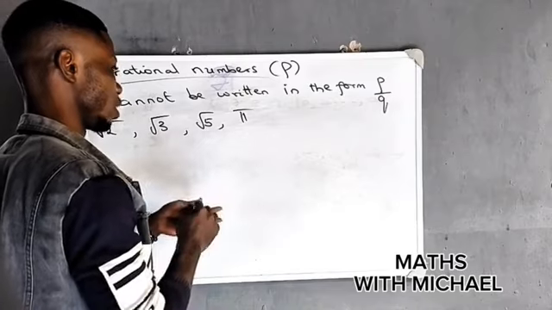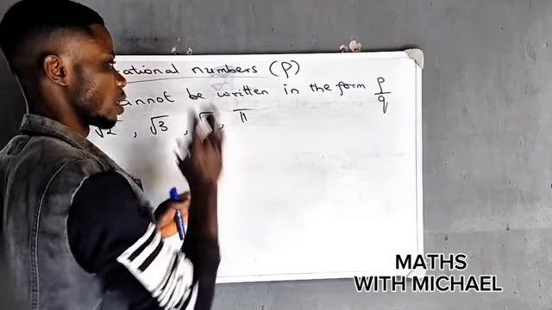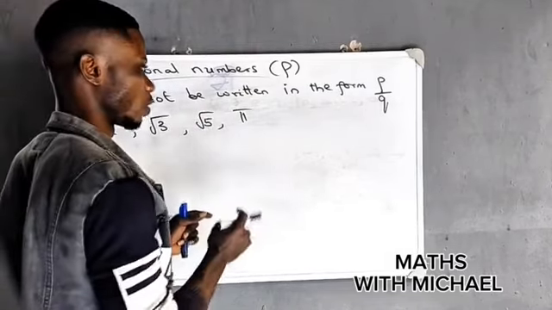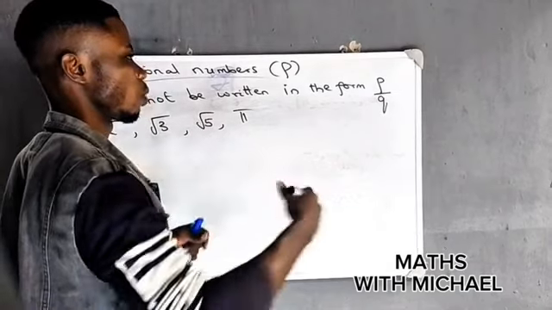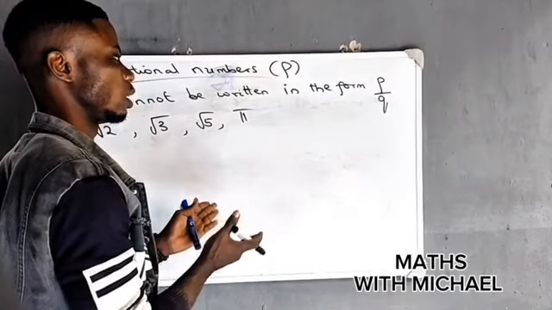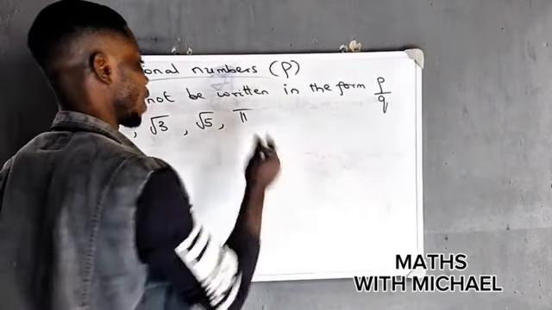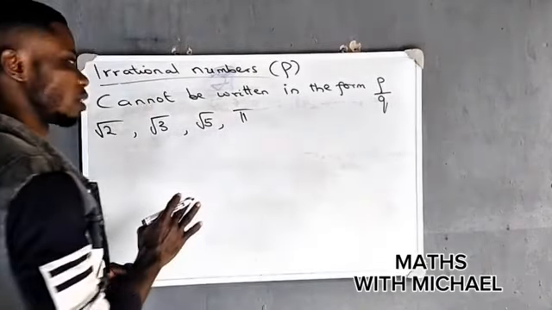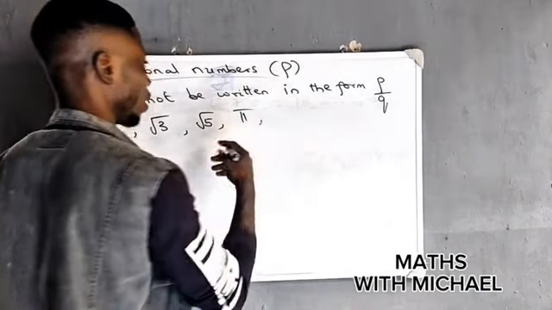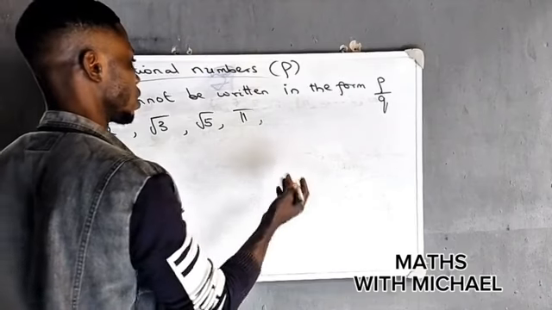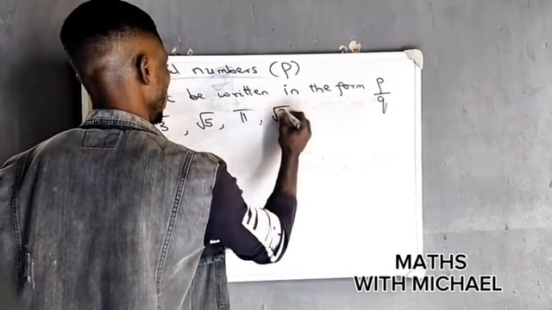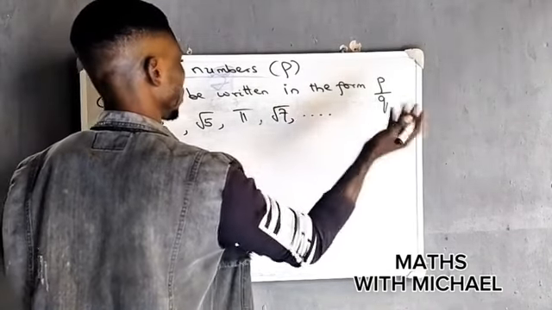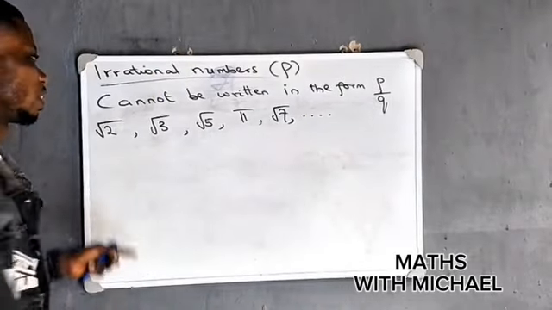Approximately, it is usually given as 22 over 7 or 3.142 in a short form. So pi is an irrational number. There are also other ones. Root 7 is also an irrational number, and as many as they can be.